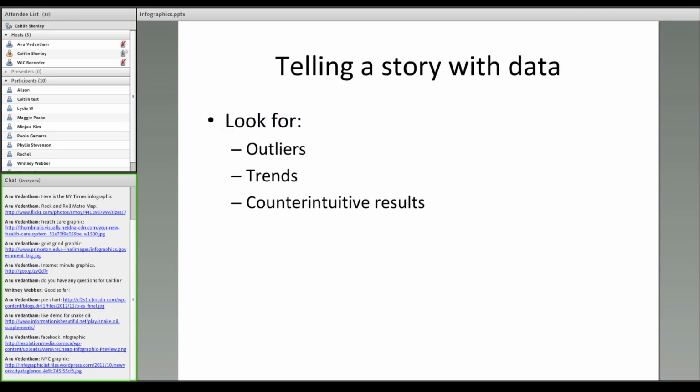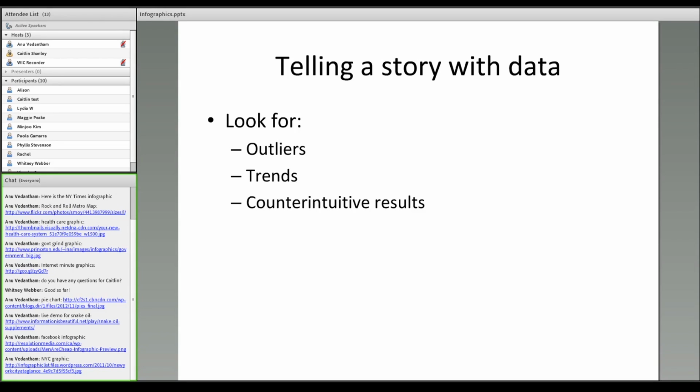We've talked a lot about what other people have said using infographics, how they're using them, what types of stories they're telling. If you're having trouble telling a story, there are some things you could look for, a couple of quick tips on how to find stories. You can look for outliers in the data. Is there one point that's way off from everything else?